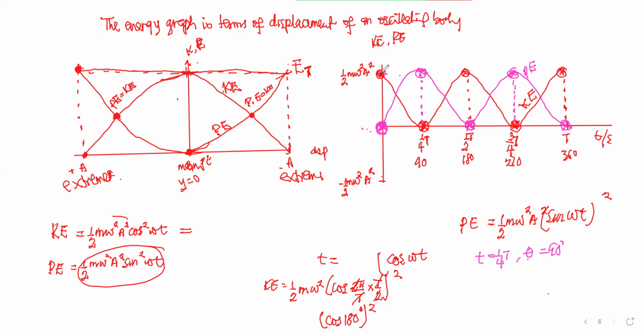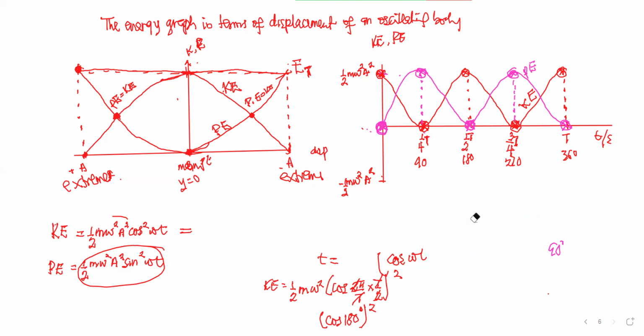PE is maximum here, KE is 0. KE is maximum here, PE is 0. So that interchangeability works. So this is the energy graph with respect to time for one complete cycle.